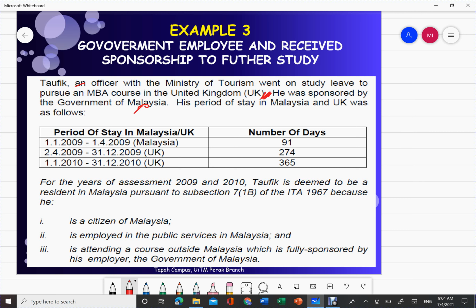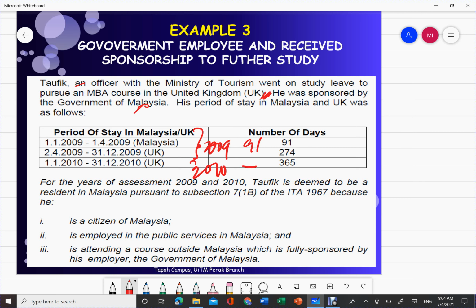His period of stay in Malaysia and UK was as follows. For 2009, they stayed for 91 days. For 2010, none at all. In 2010, he did not stay in Malaysia at all.